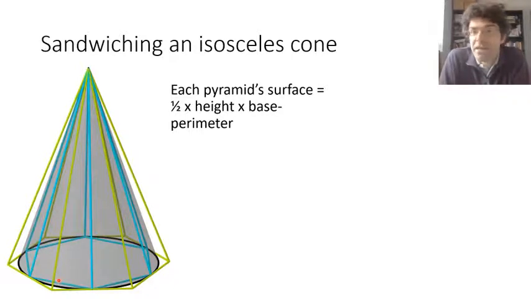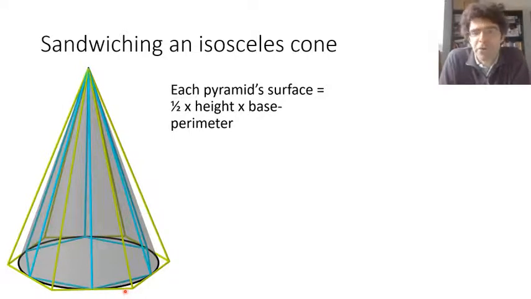The surface area in each pyramid is composed from congruent triangles, and they've got fixed heights, either equal to or just a little bit less than the side of the cone. And so the total area is going to be half times that height times the total base being the polygon's perimeter.